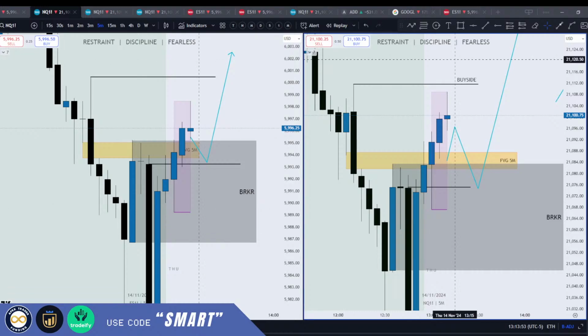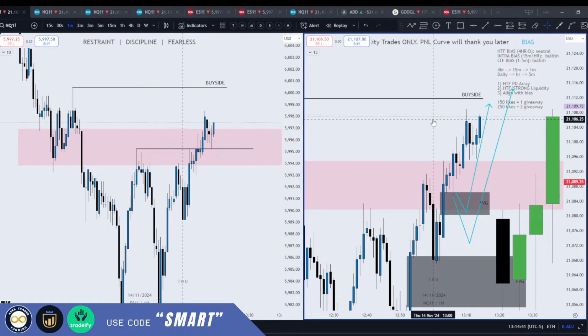I want to see if this can retrace though. We're barely pressing these highs.